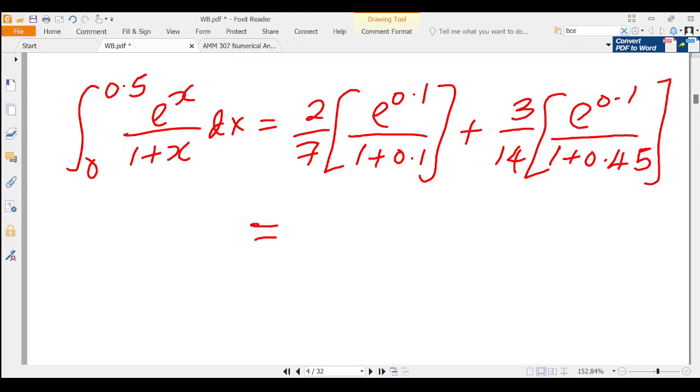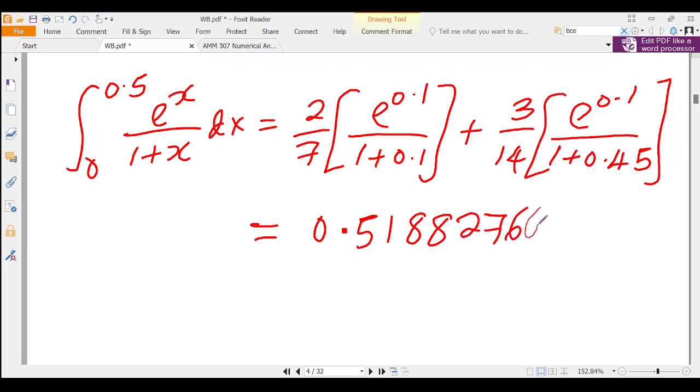So this one is now to work out, and if we work it out, we get 0.5188266 approximately.